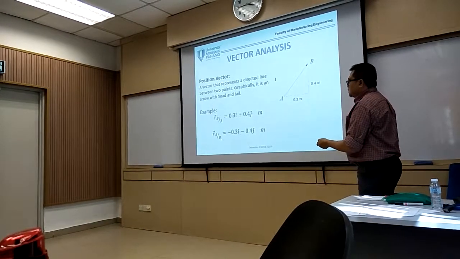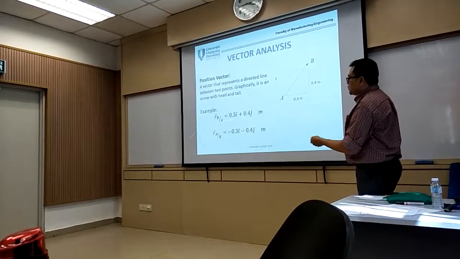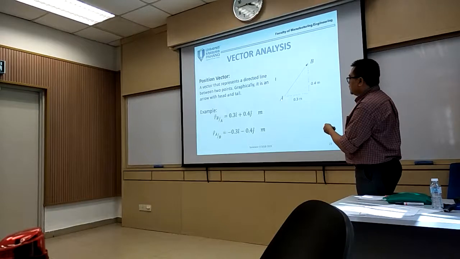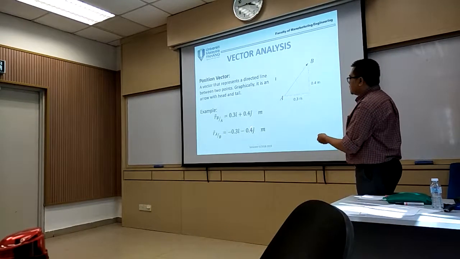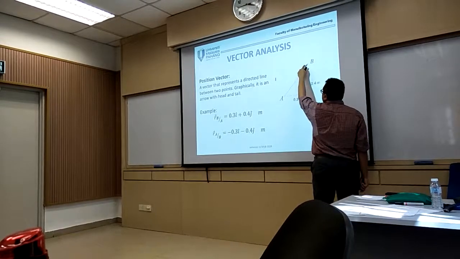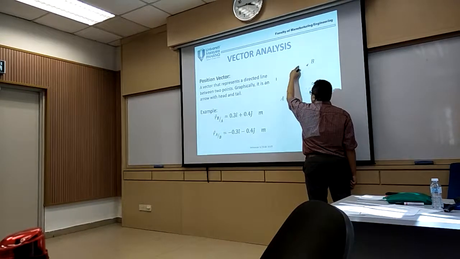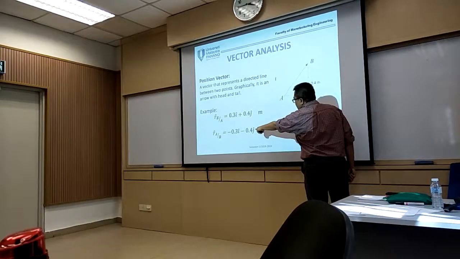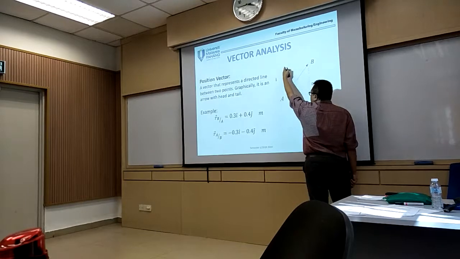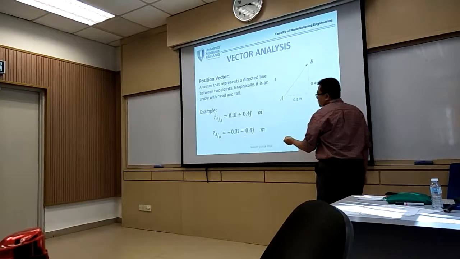If we want to know the opposite, r from B to A, then i will be minus because it goes to the left, minus 3. And j will also be minus because it goes down, so it is minus 4.